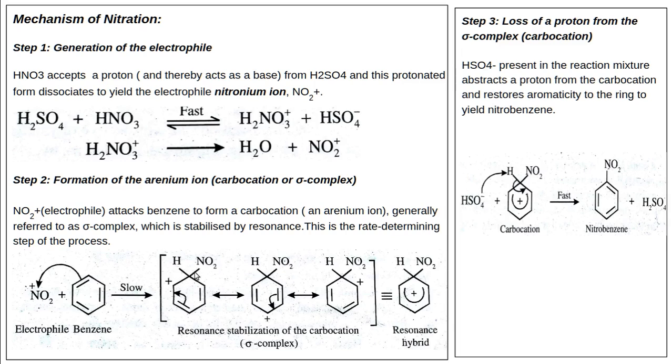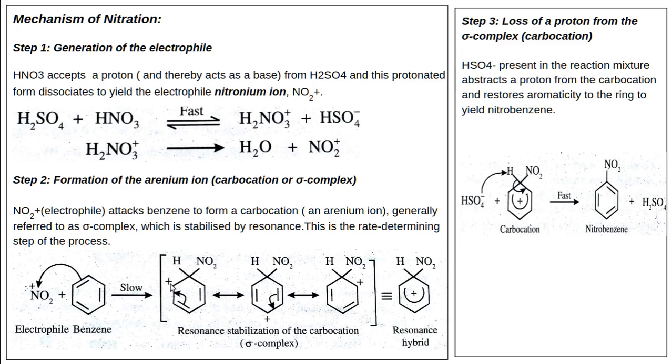There will be a sigma bond formation between the carbon and the NO2 group. Then there is a hydrogen atom on this carbon, and a positive charge on the adjacent carbon. So the aromaticity of the benzene ring is ruptured in the second step.